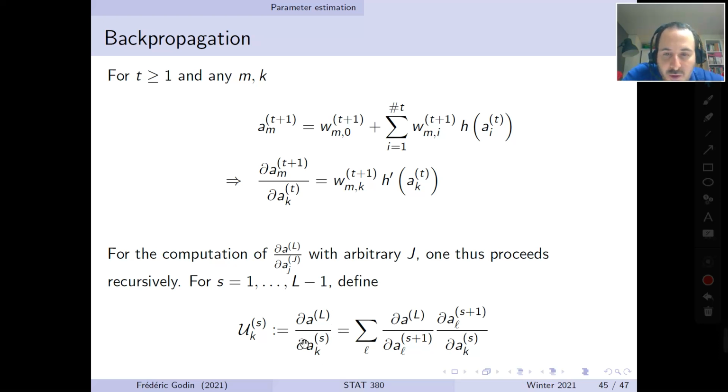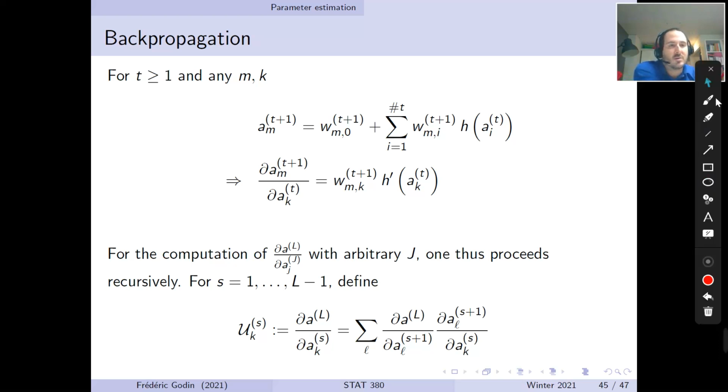If we want to differentiate with respect to an activation in layer s, using the chain rule we can differentiate with respect to all activations in the next layer, s plus 1, times the derivative of the values of activations of the next layer with respect to the layer s we're searching.